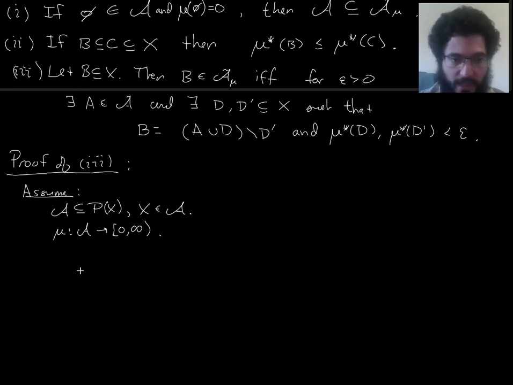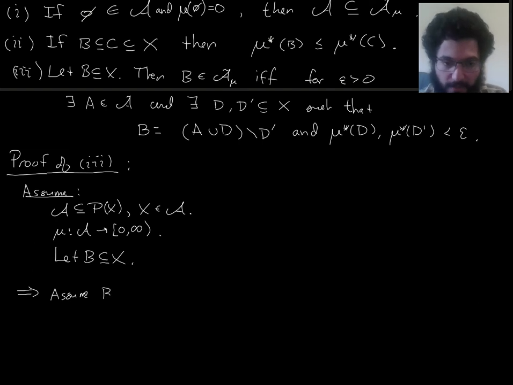Okay, now let's let B be a subset of X. Then I have this if and only if to prove. So let's start working on the left implies right. So assume that B is not really any old set, but a mu measurable set.